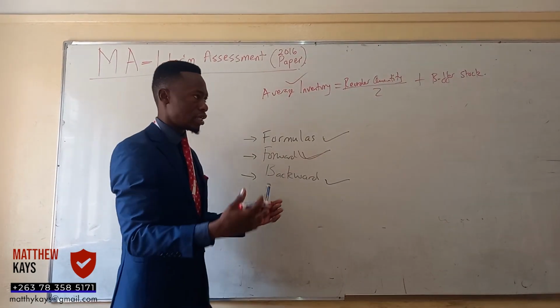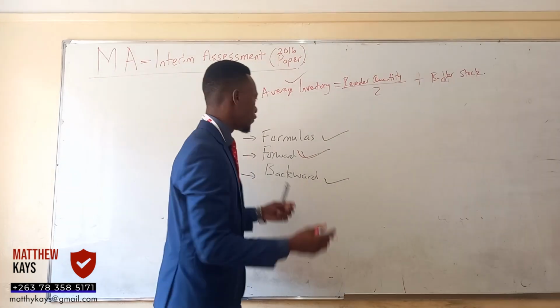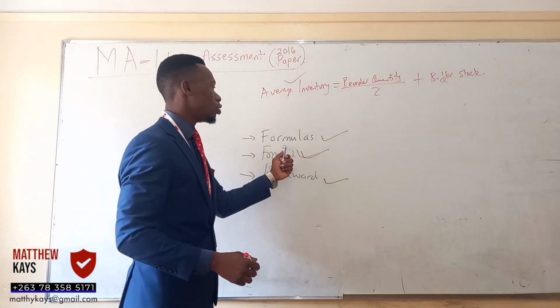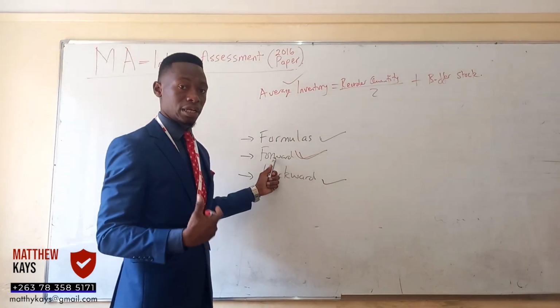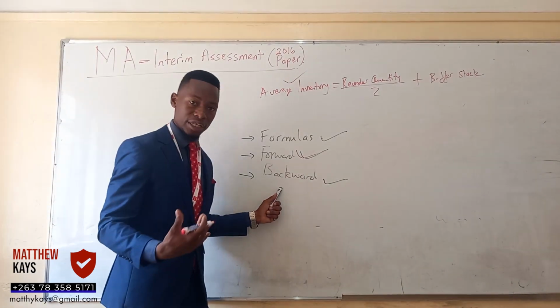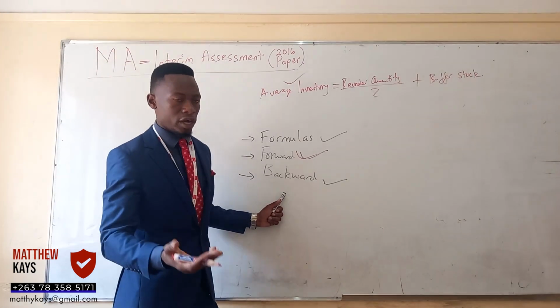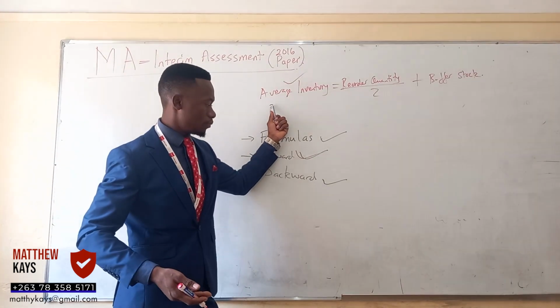That's why I said it's forward. It's just a matter of knowing the formula. So for you to be able to calculate this, you know your formula and do it the right way.